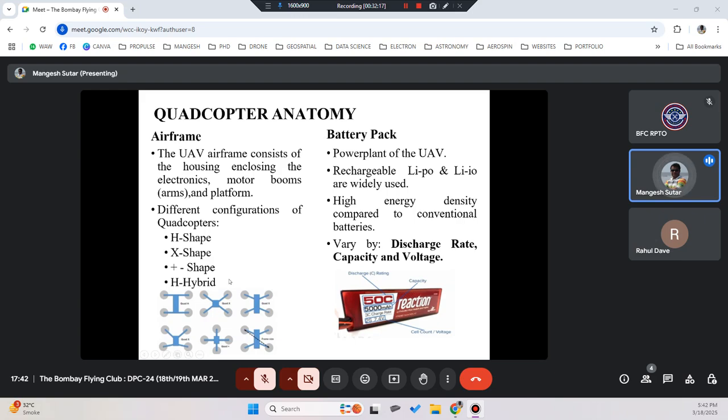So depending upon different requirements and different configurations, you can design how you want the shape of the drone. Some people want to make it a different look and all that. But more or less, there are four motors in four corners, as simple as that. Nothing is changing over here.